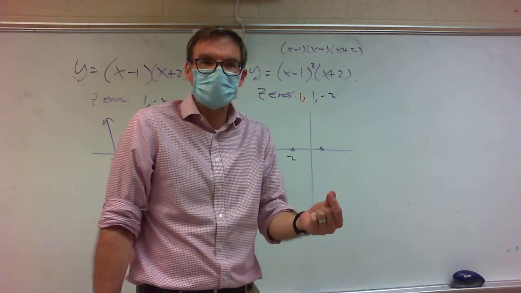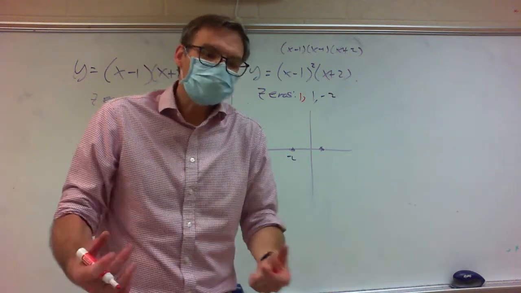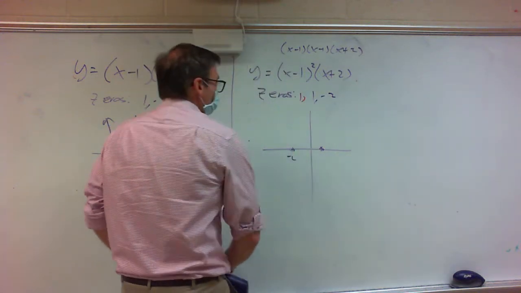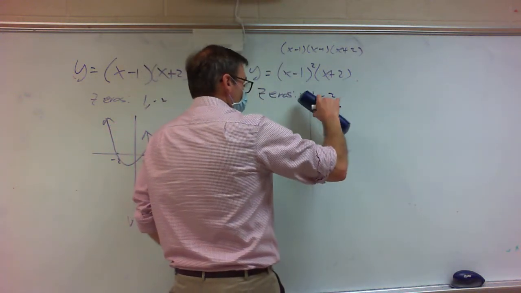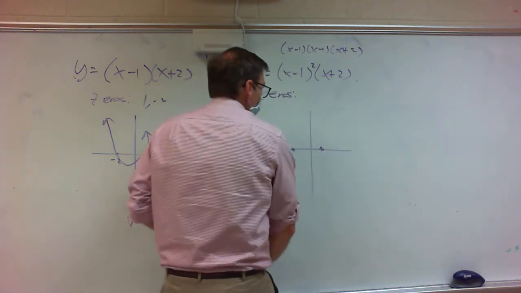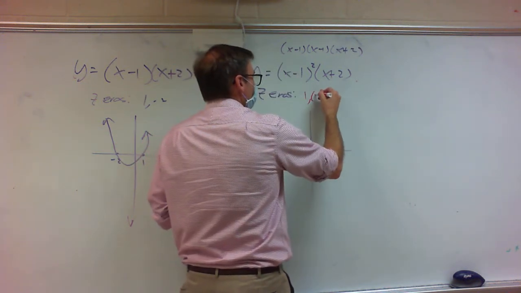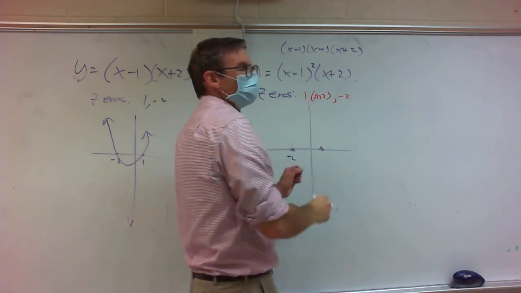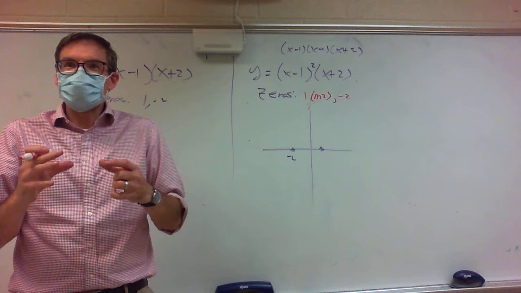Does that make sense? It's called multiplicity. And officially, if you were to look up in your book, a lot of textbooks will do this as 1 multiplicity 2, and then negative 2, to tell you the 1 should be counted twice.